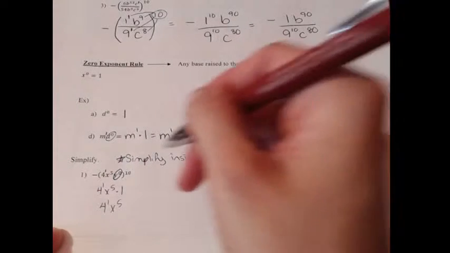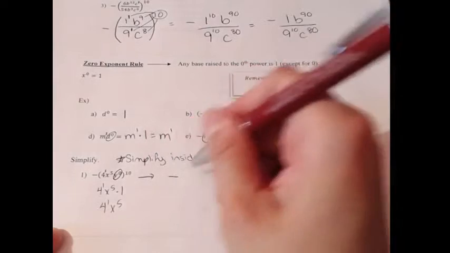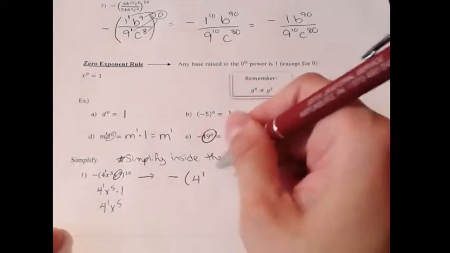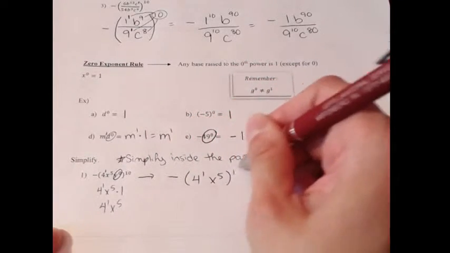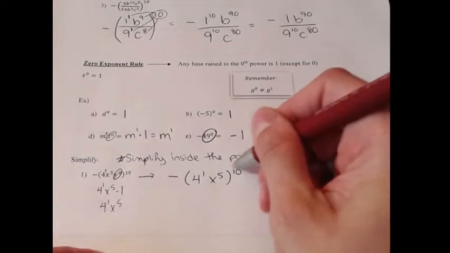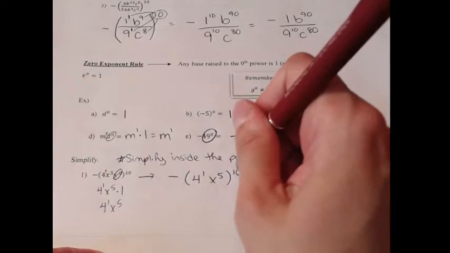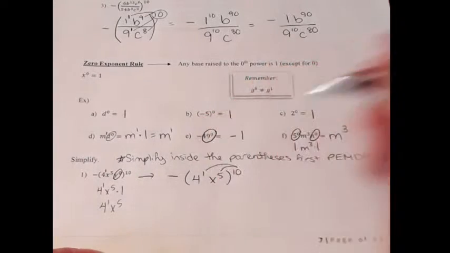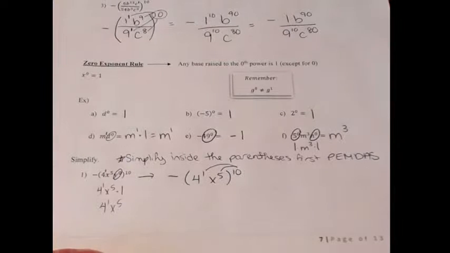So now let's rewrite this. We have negative, 4 to the first x to the fifth, and all of this raised to the 10th power. Notice all I did was rewrite the problem, but I took care of y to the 0th, which is simply 1. Okay, I have a 10 on the outside of my parentheses, so I'm going to distribute, which means I'm using the power rule.